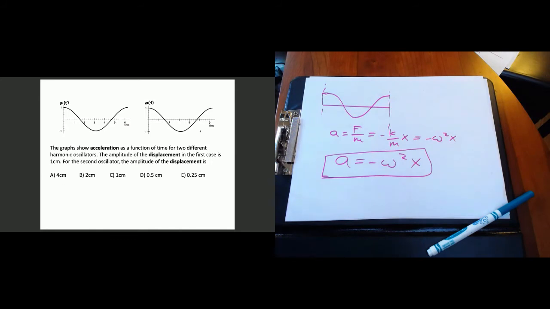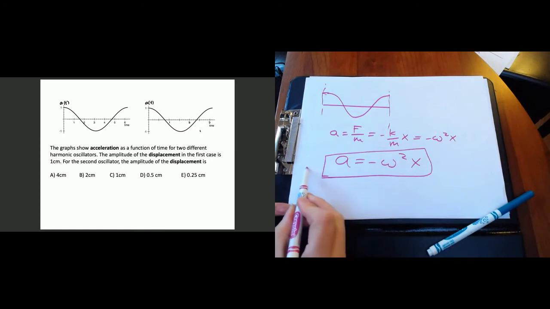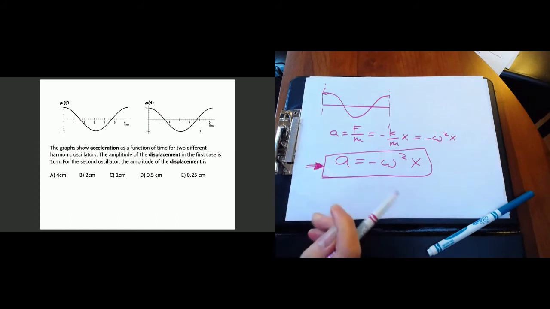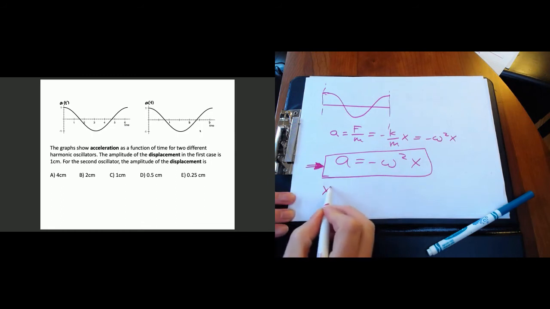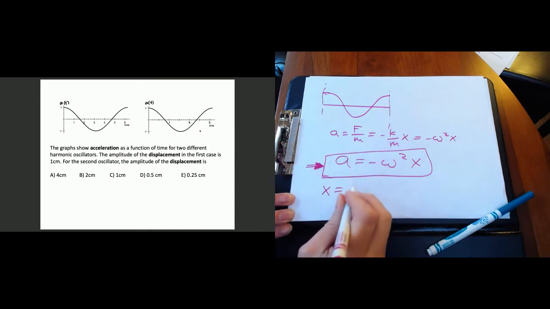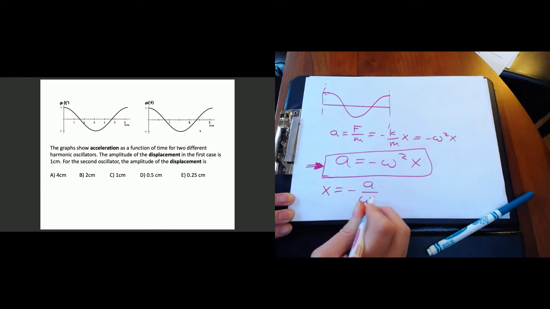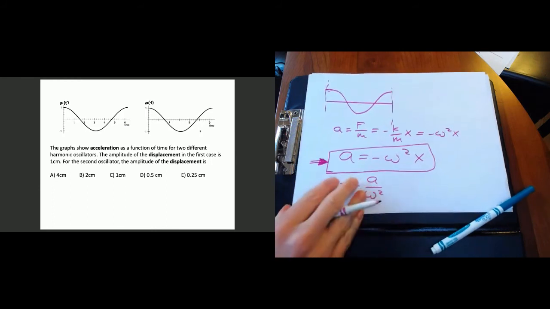Okay, so to answer this question, actually, the formula that we need is the one that we just had on the paper already. Okay, so acceleration equals minus omega squared times x. So if we want to understand displacement or position, then we could say x equals minus a over omega squared.